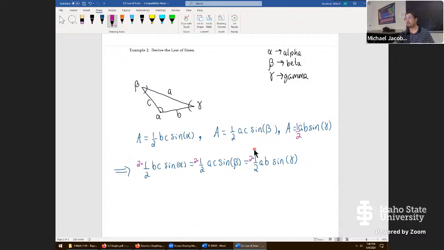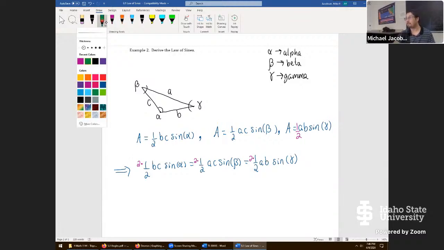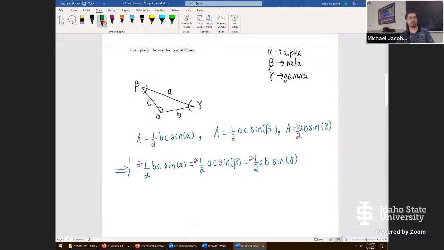And now the next thing we want to eliminate is the BC, the AC, and the AB all at once. And how we do that is we're just going to divide by ABC on every single equation. So we're pretty much there.